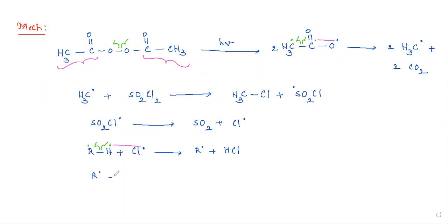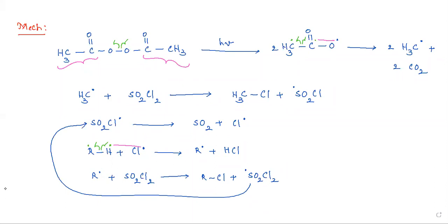Now this alkyl free radical with the sulfuryl chloride forms RCl, then the SO2Cl free radical. So this again goes into this step. So the process just goes on. Okay, so this is the mechanism of the preparation of alkyl halides from alkane.